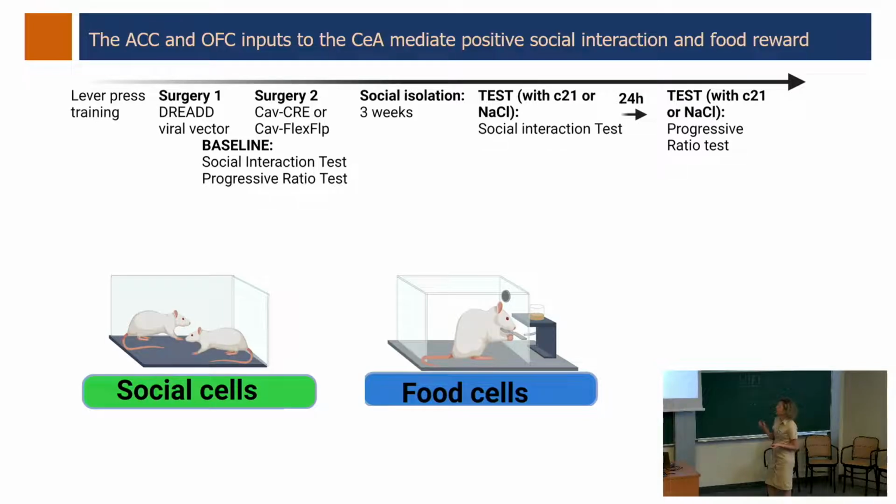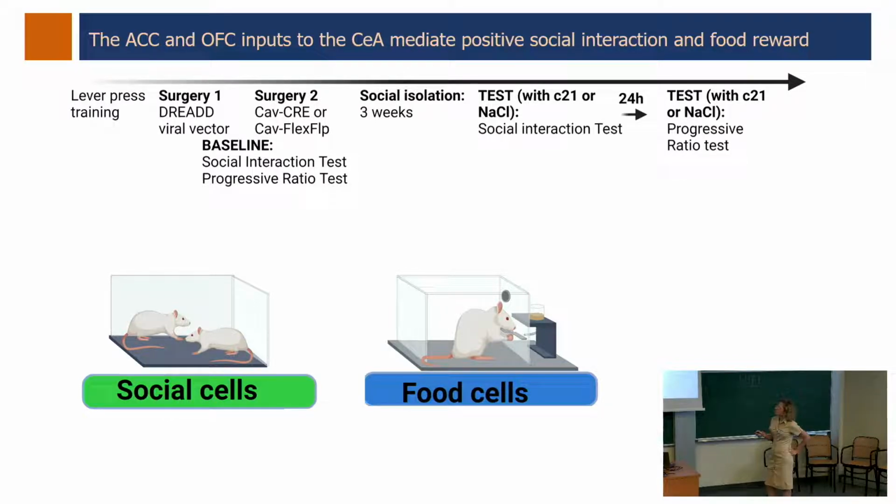So in the next step, we decided to test these projections, to look at which populations of neurons in the central amygdala are involved in social interaction and pressing the lever for food. This is the general scheme of the experiment.